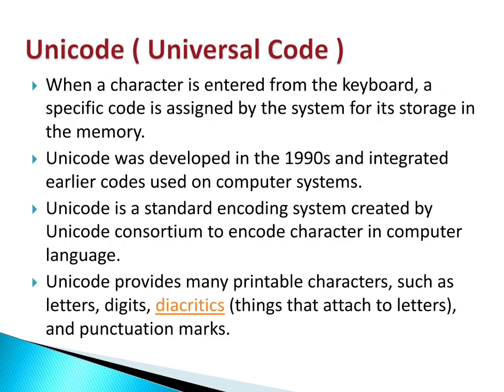Then we are talking about Unicodes. Why do we have Unicodes? Because ASCII code is limited, and when we are shifting from one system to another, from one operating system to another operating system, ASCII codes always change. Means maybe one character contains a different ASCII code, or sometimes different ASCII codes contain different letters.